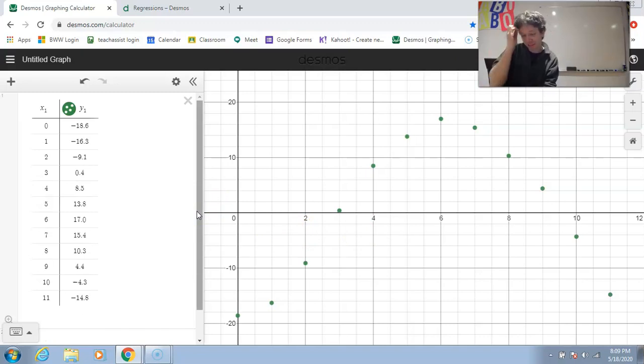Now we go on the back, we have other questions, so let's just go over them. Question 3 says, what's the domain of the function you have drawn for the given data? Okay, that's important, for the given data. What we have is between 0 and 11, so our domain is all values in x which are real, greater than or equal to 0 and less than or equal to 11.